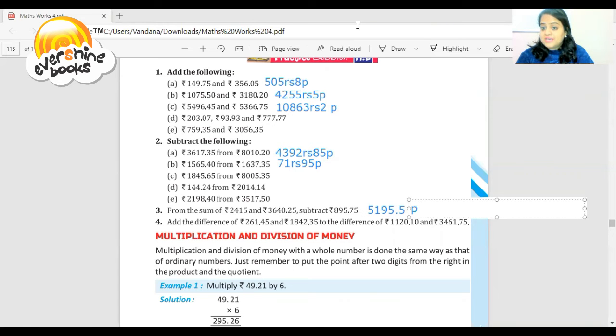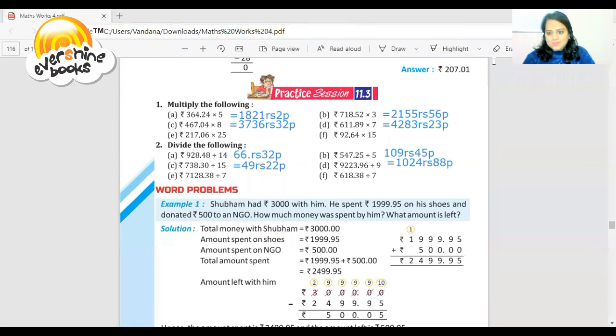Okay. Now students, it's your exercise 11.3. Multiply the following. You all know how to do the multiplication, but you have to remember this point: you have to put the decimal to divide the rupees and paise.